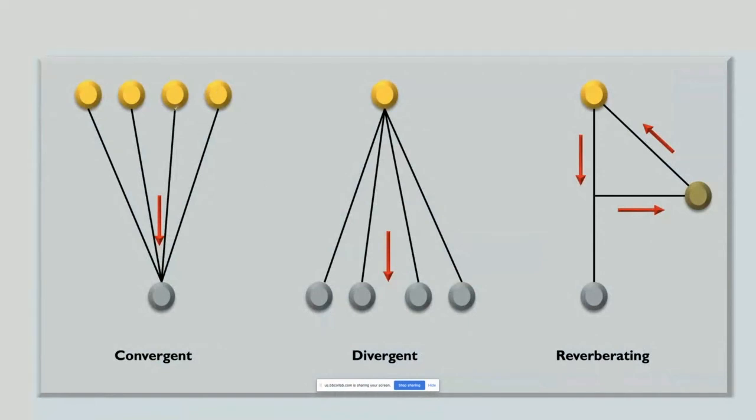Just a diagram to see how convergent circuits are, many to one, divergent, one to many. You can say here muscle fibers.